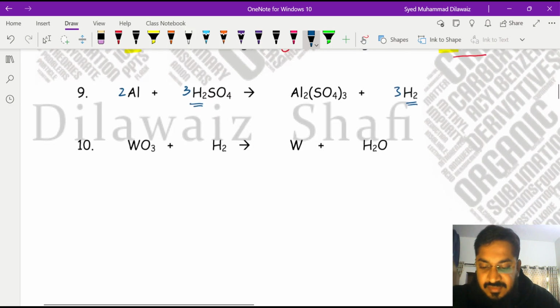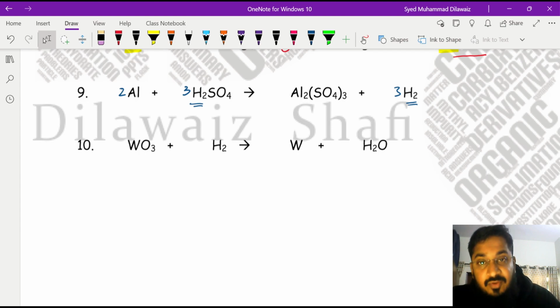Now, question number 10 is tungsten oxide. You might not have gone through this kind of formula because we are not familiar with tungsten. Tungsten is W. WO3 is tungsten oxide, which is called tungsten 3 oxide at the same time. It combines with hydrogen to form tungsten and H2O. First we need to look for any odd numbers on the left side.